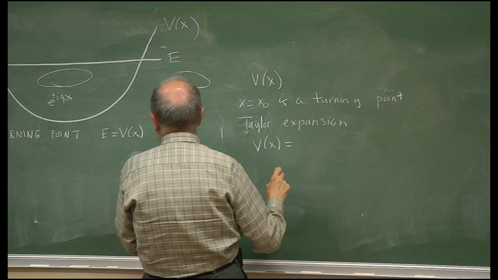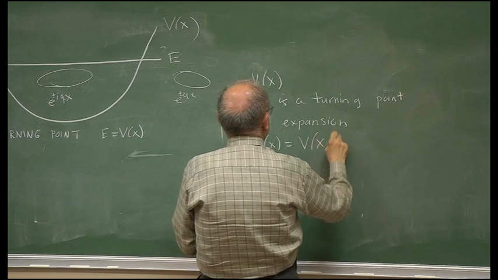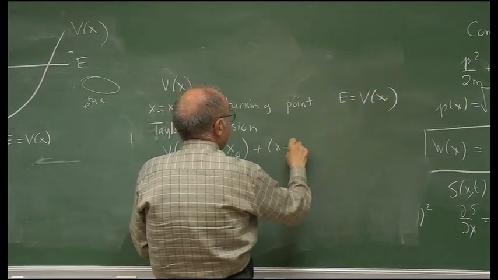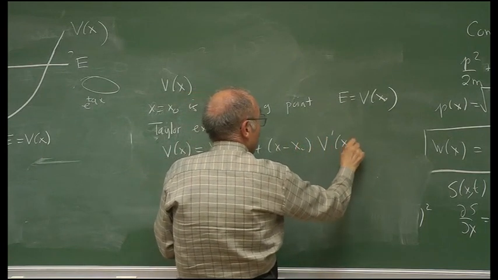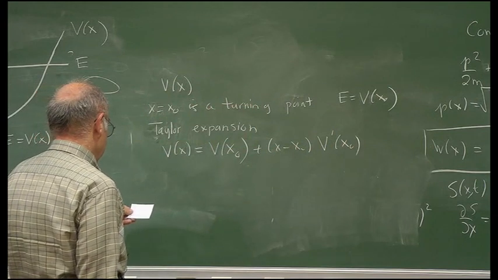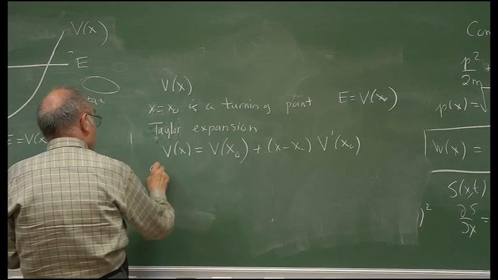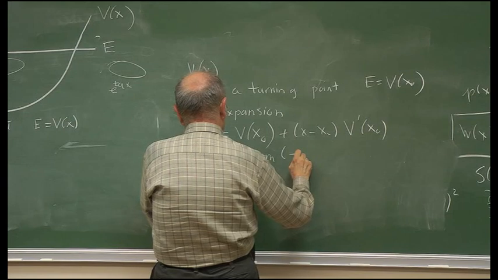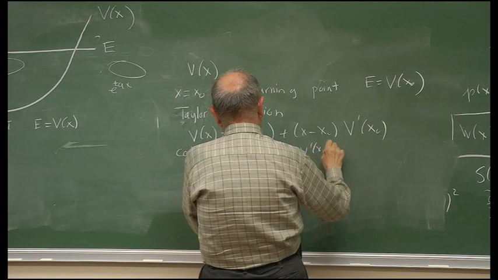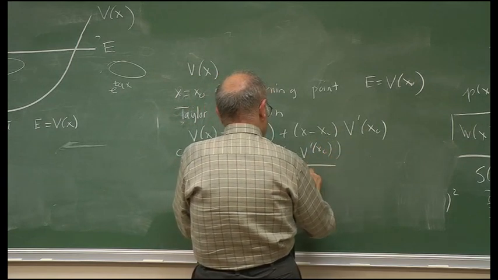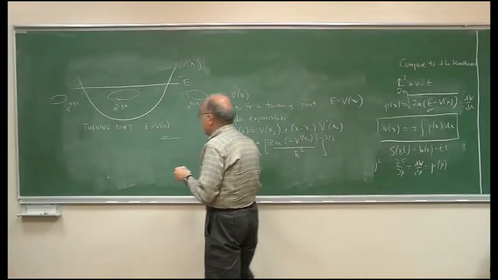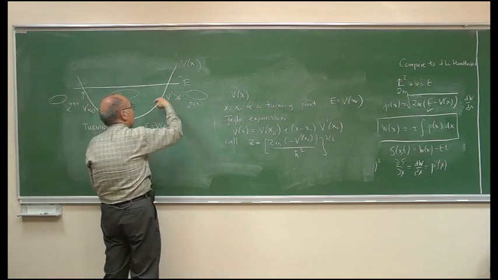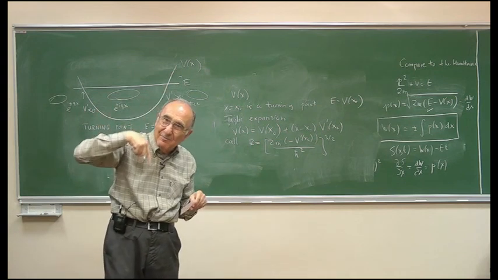V of x is V of x0, the turning point, which means E is V of x0, plus x minus x0 times the derivative of V at x equal to x0. So if we call z equal to x minus x0 times 2m times minus V prime of x0 divided by h-bar squared, to the 1/3 power, because here V prime is less than 0, and there, of course, V prime is greater than 0, because the function is decreasing there, increasing there.